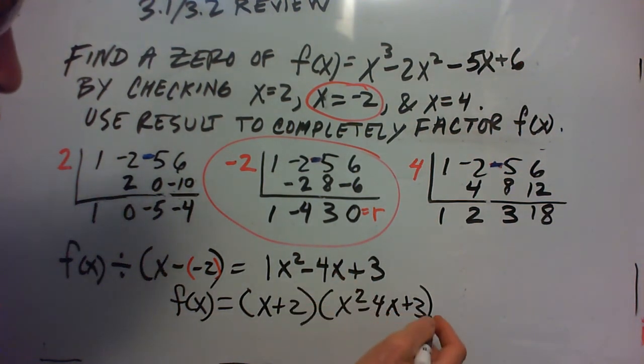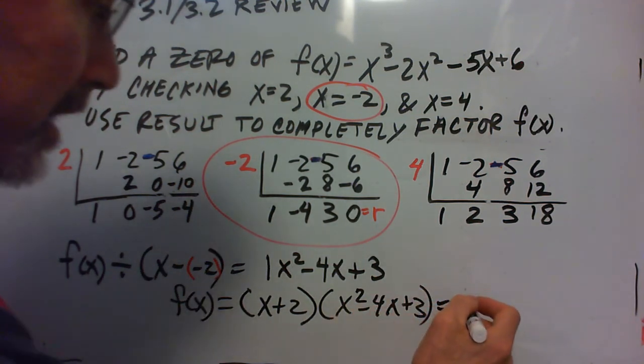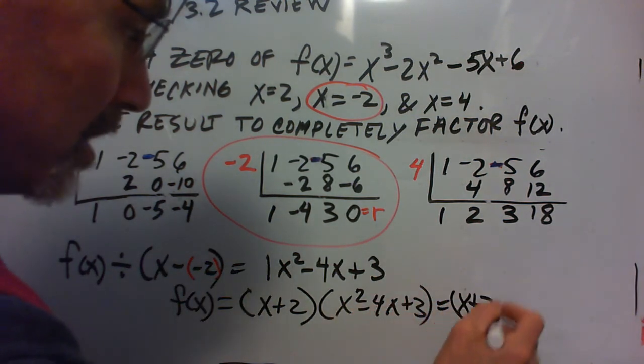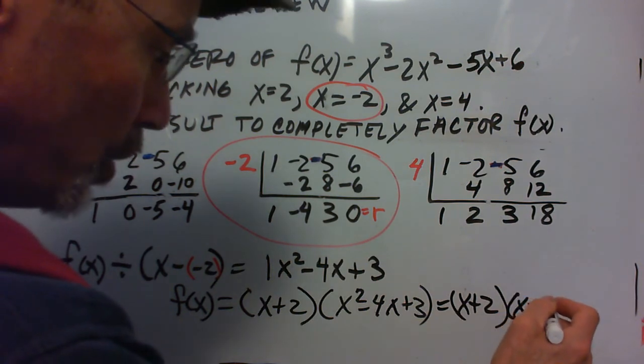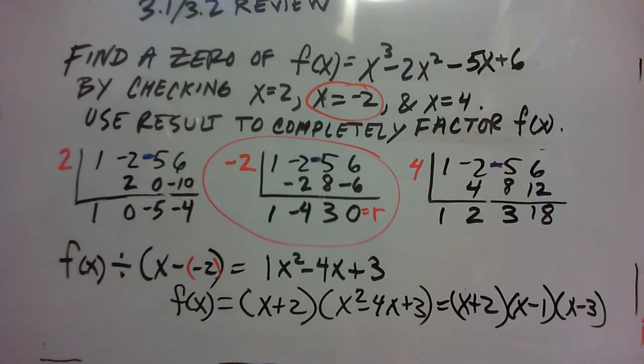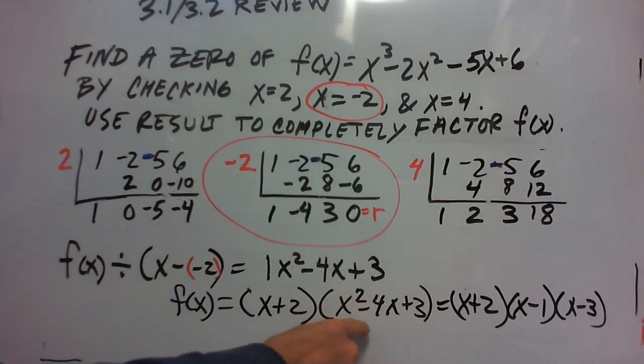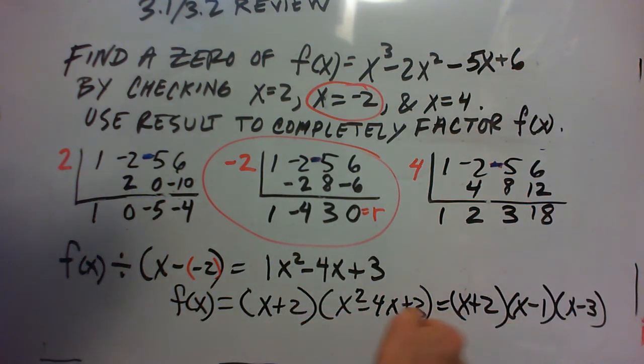But we can factor that. We can factor that some more. The x squared quadratic factors as x minus 1, x minus 3. Now, even if we couldn't have factored that quadratic, we could have gotten solutions in radical form, and we could have written a factorization, because those solutions would be zeros.